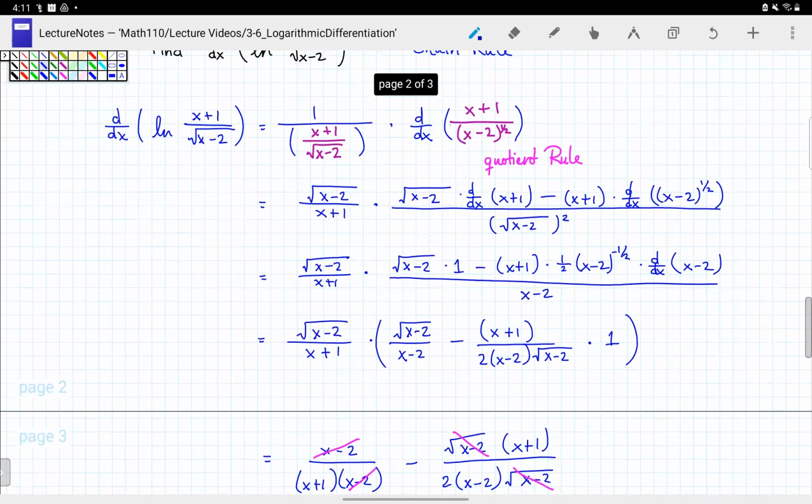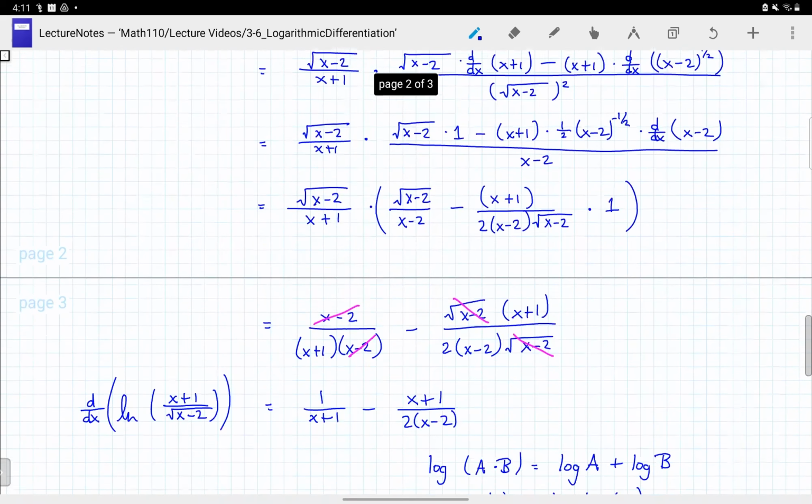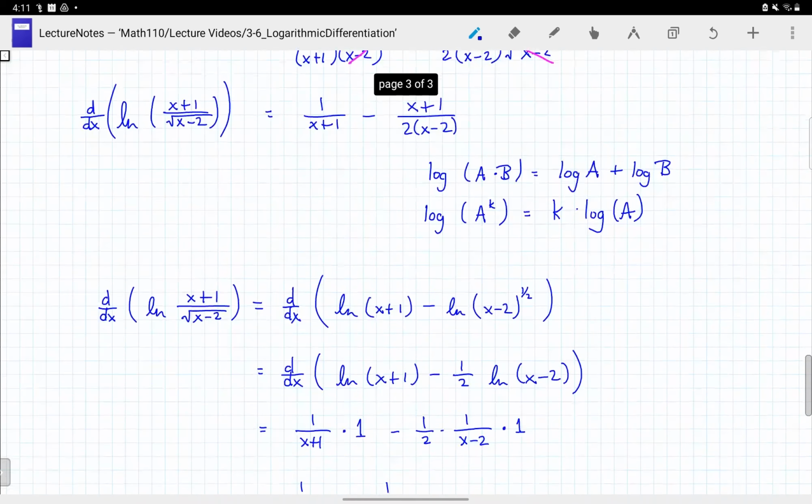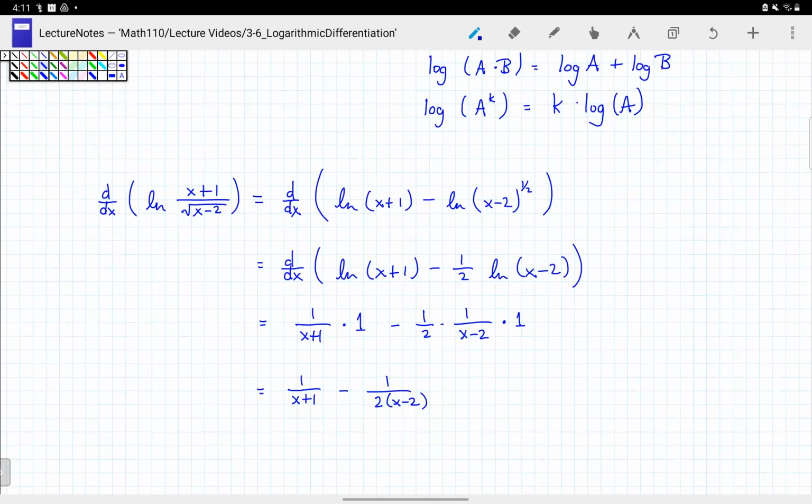And I will say, one thing to notice is, the quotient rule has a lot more to keep track of, which is why this is one of the things that we really love about logarithms. Logarithms change products into sums and quotients into differences and exponents into scalar multiples.